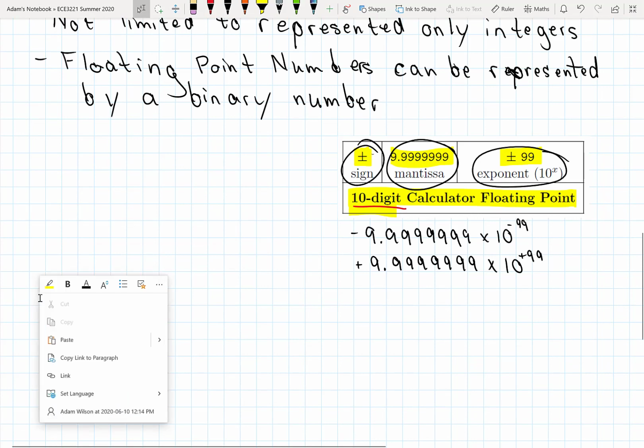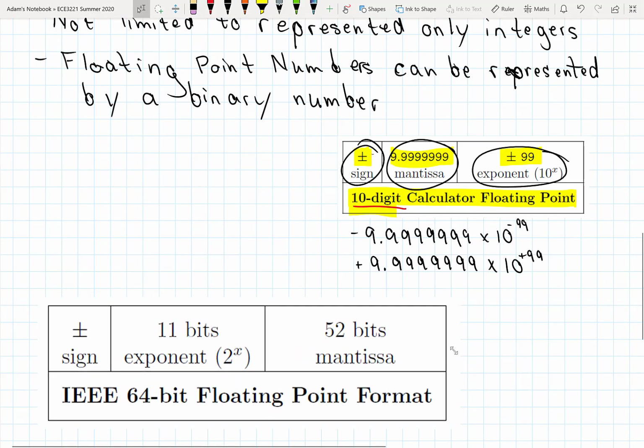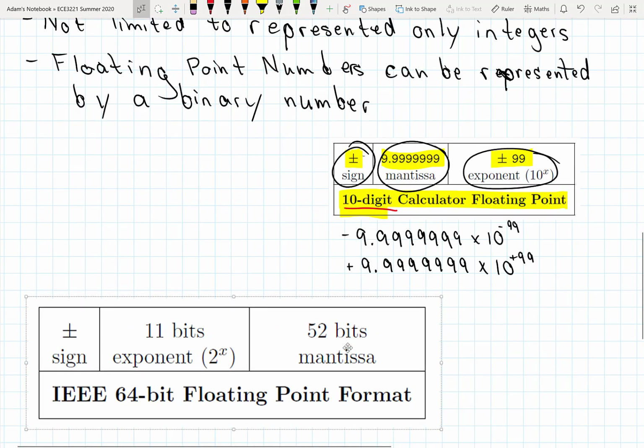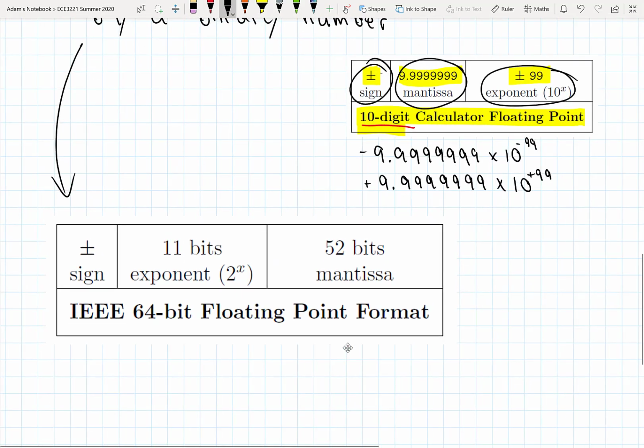Now let's look at what the IEEE 64-bit floating point format looks like. Okay, so this is the format we're actually interested in that allows us to represent floating point numbers in a processor. So we have 64 bits available. Now we're going to use a single bit to represent the sign.